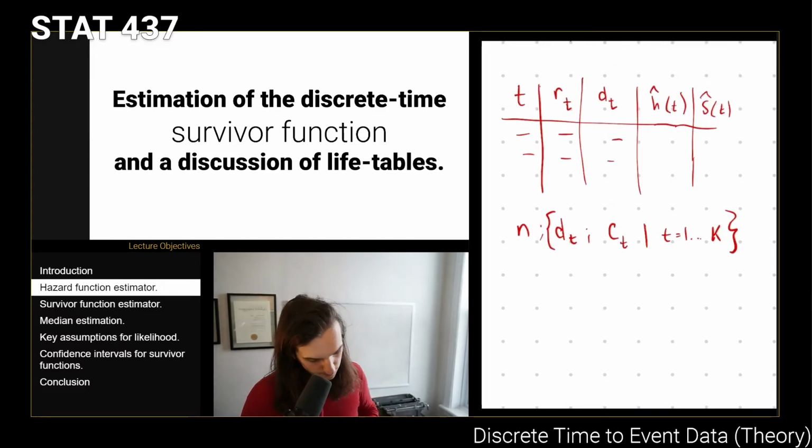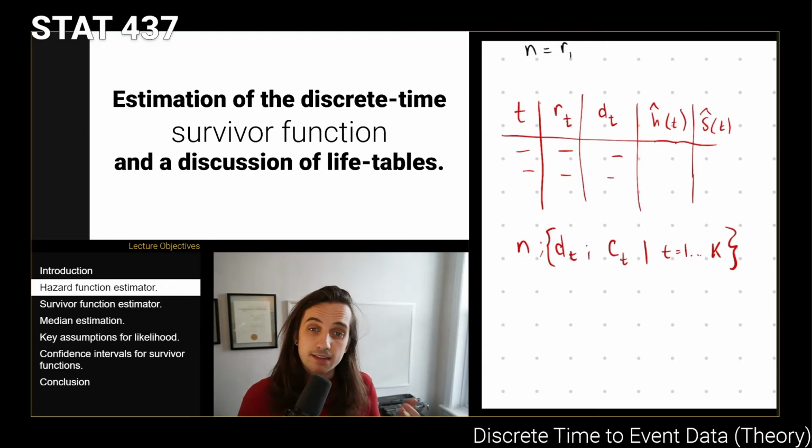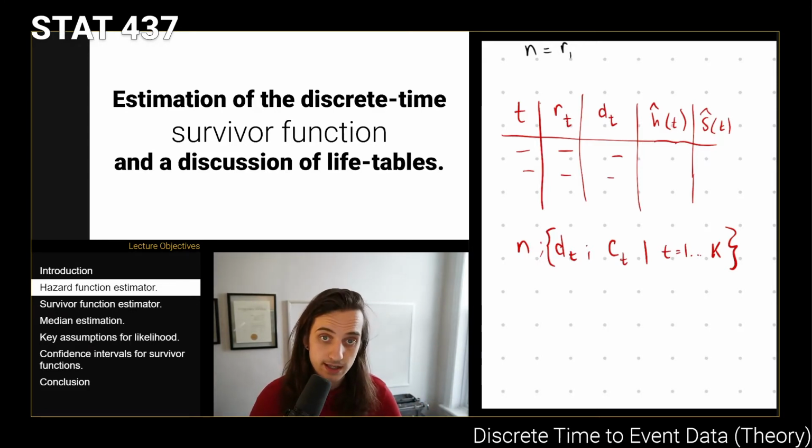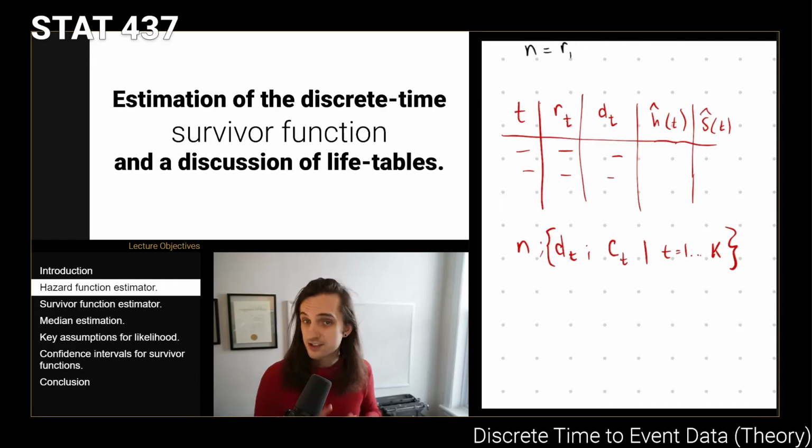Right, because here, we know that the number of people at risk at the next interval are going to be the number of people who are at risk at the present time minus the number who have the event minus the number who are censored, right? And so you can fill out this whole life table just by knowing how many people we started with, at each time how many events there were, and at each time how many people were censored.